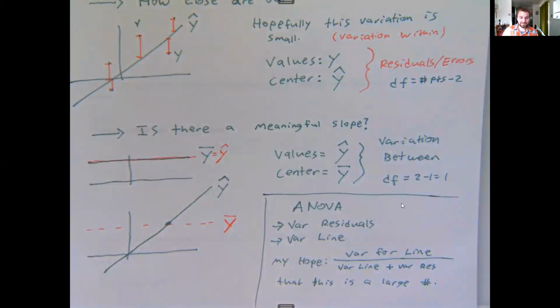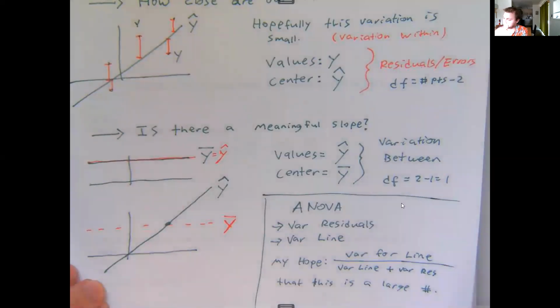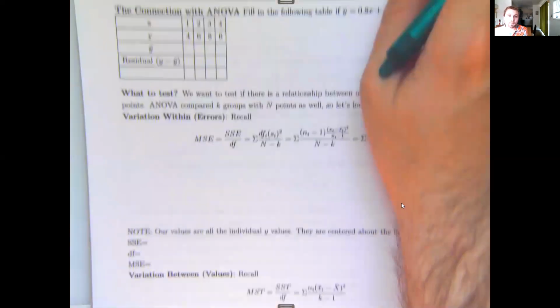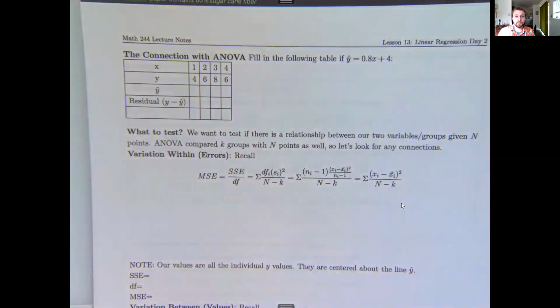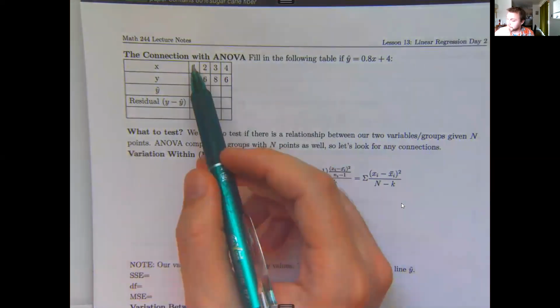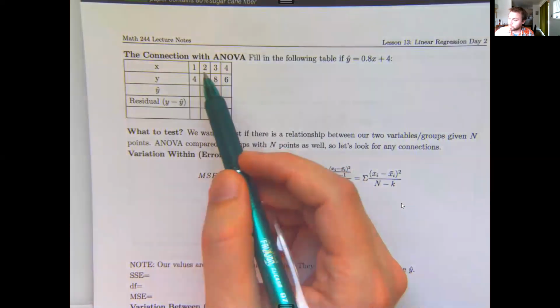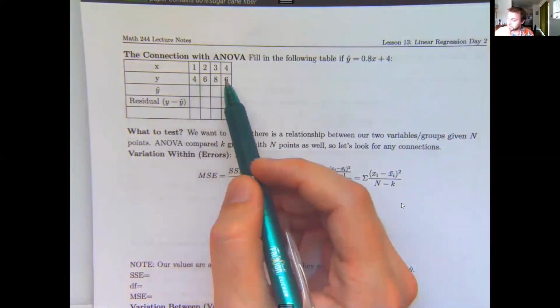I'm continuing in the lesson 13 packet here. And here's just a scenario. I have a data set where I have my x values and my y values. My x values here, 1, 2, 3, 4. My y values, 4, 6, 8, and 6.